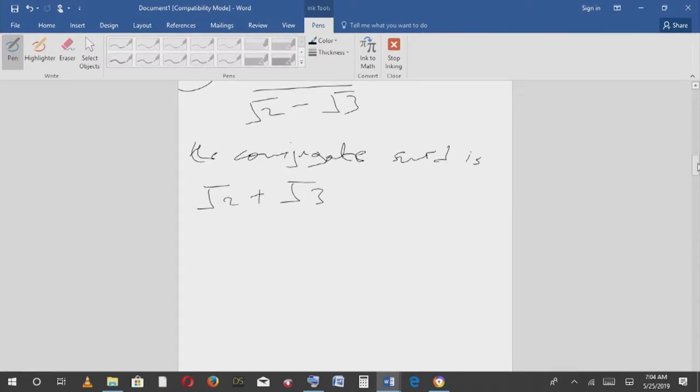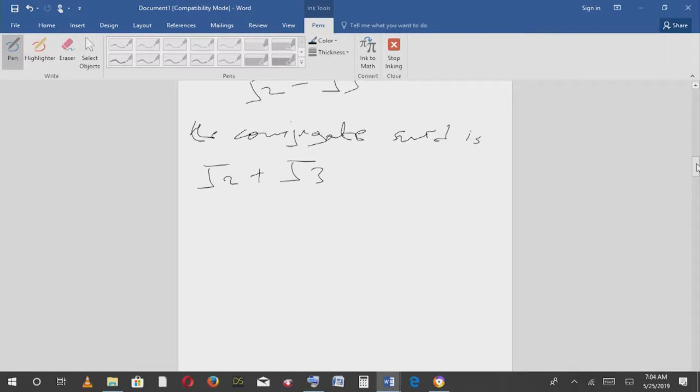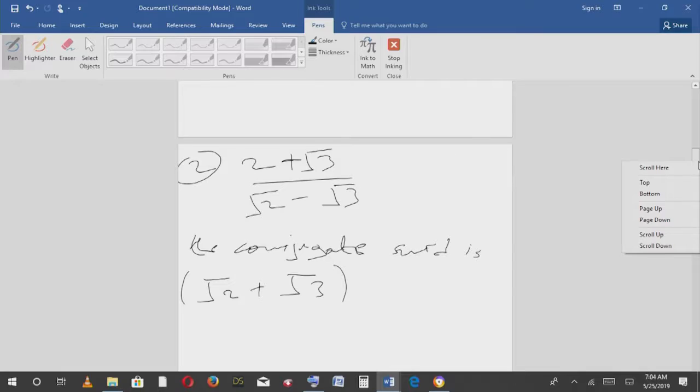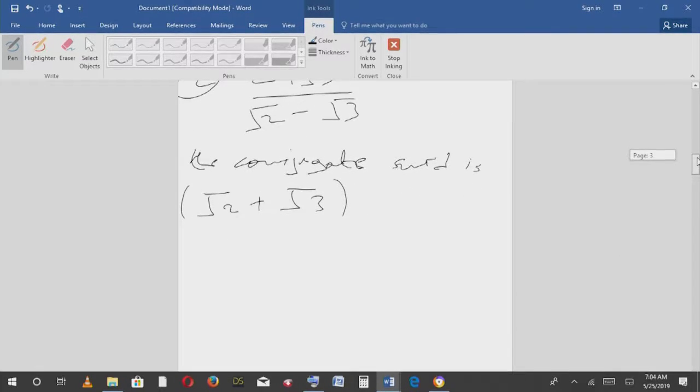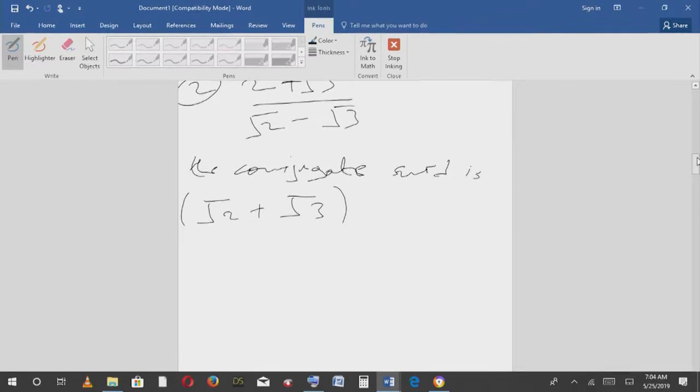So therefore we are going to use this conjugate to multiply both numerator and denominator. So this gives us 2 plus root 3 all upon root 2 minus root 3. Minus, because this was originally there; we are just bringing the problem down again.